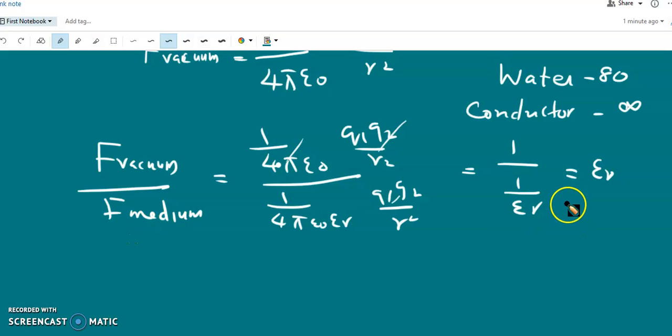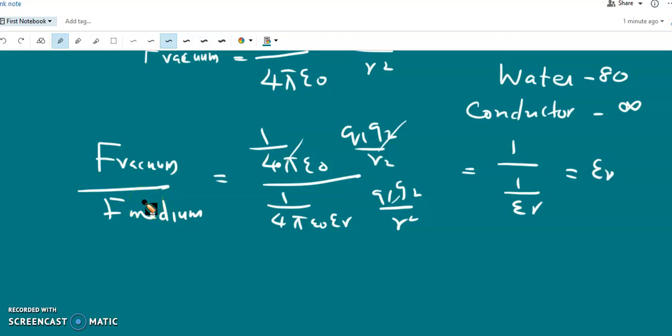Or we can also define the dielectric constant of the medium as the ratio of the force between two charges placed at a certain distance in vacuum to the force between the same two charges placed at the same distance r in that medium.